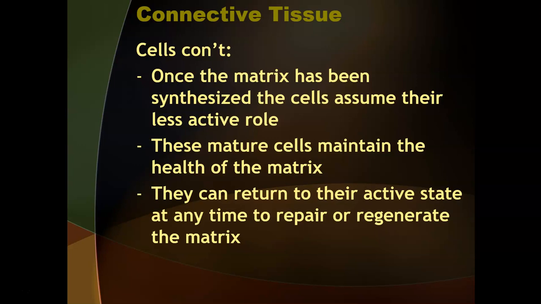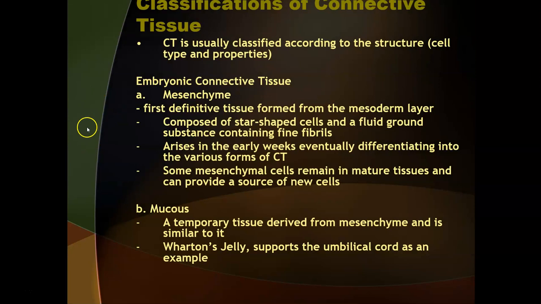These cells then help maintain the health of the matrix. They no longer secrete the matrix. So blasts secrete the matrix and cytes maintain the health of the matrix. If there's a problem, such as a fracture or a break in the tissue, they can return back to their active state or their blast state to repair or regenerate the matrix if it needs to be done.